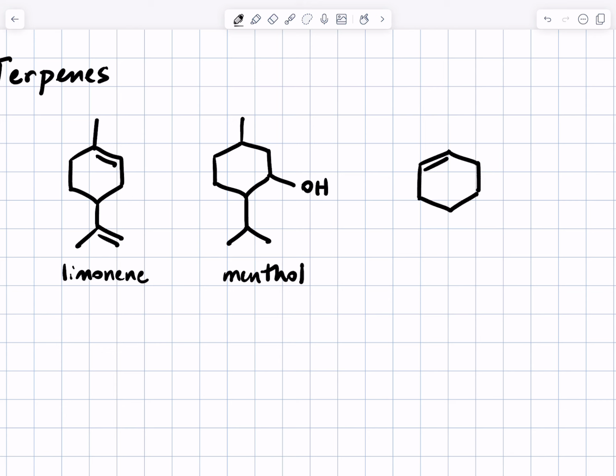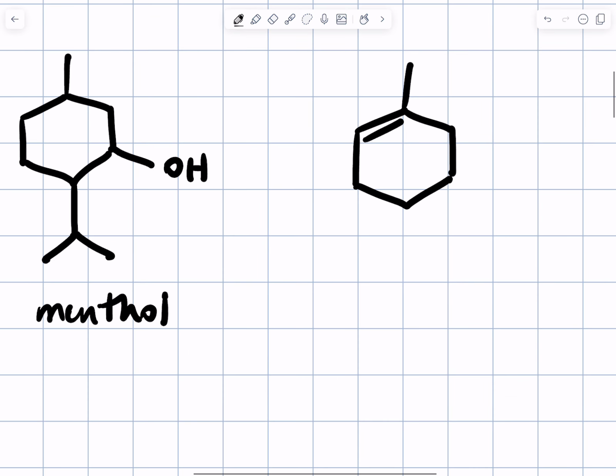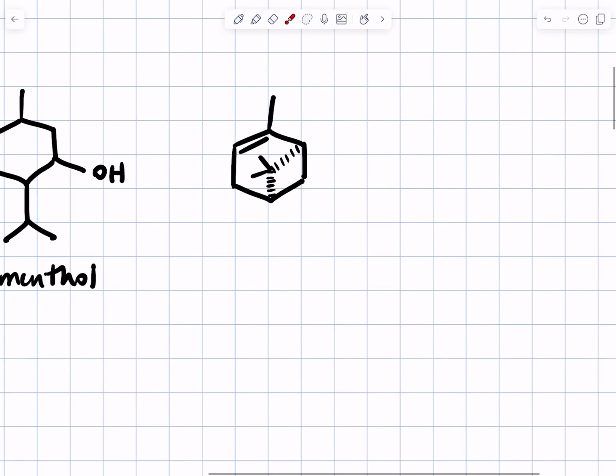It doesn't look like it to begin with, and you're actually going to despise me for what I'm doing now. There's a carbon in the middle there that's bonded to two methyl groups, and it's also bonded to these carbons, so that's a 4-membered ring.